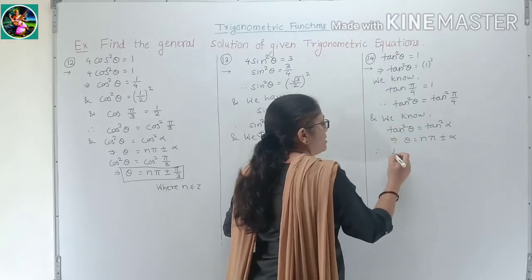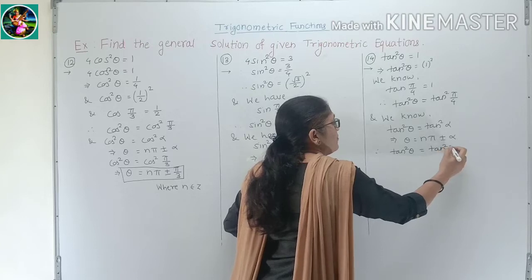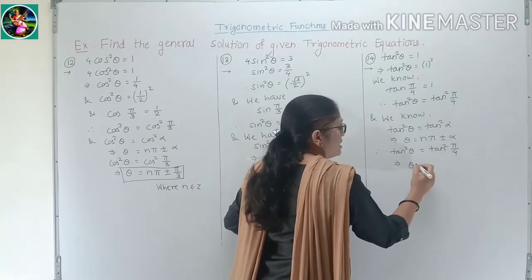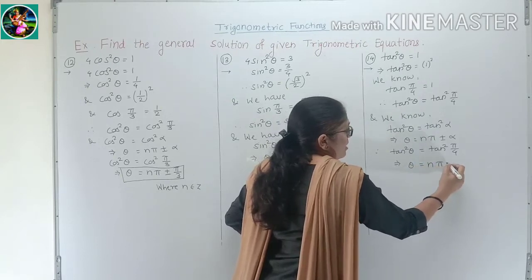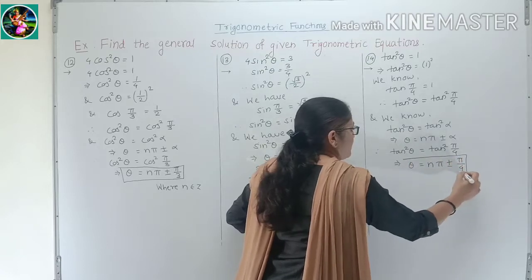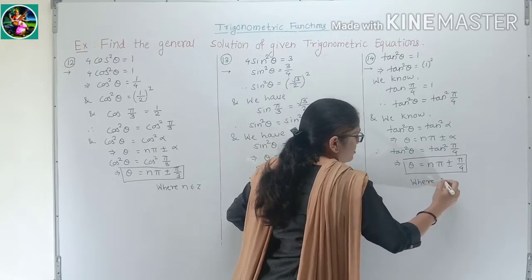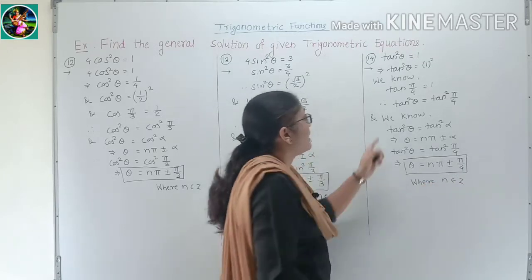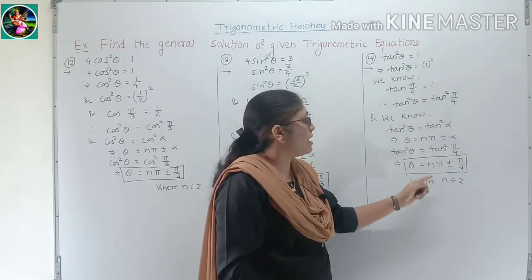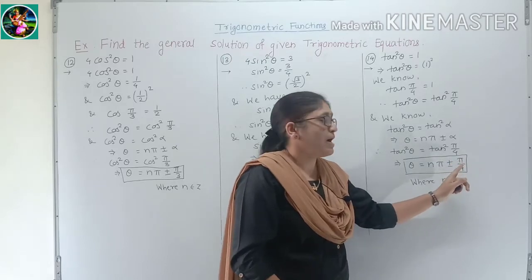Therefore, our equation tan square theta is equal to tan square pi by 4 will give the solution theta is equal to n pi plus or minus pi by 4, where n belongs to z. Therefore, we get the solution for tan square theta is equal to 1 as theta is equal to n pi plus or minus pi by 4.